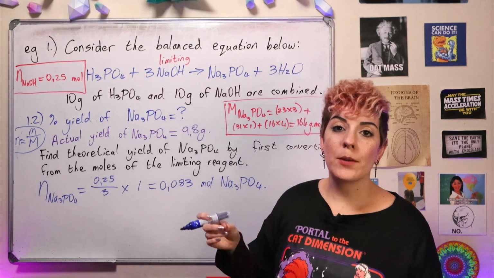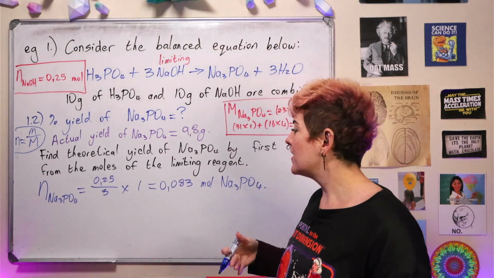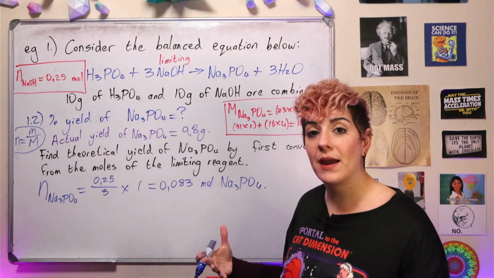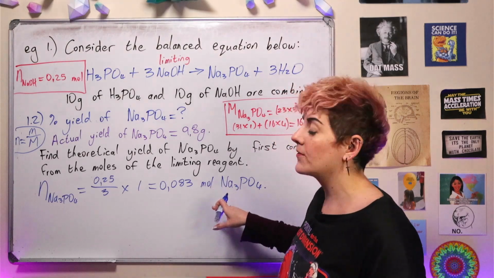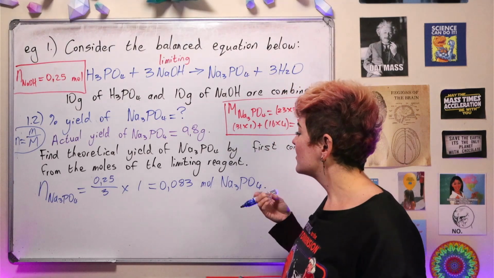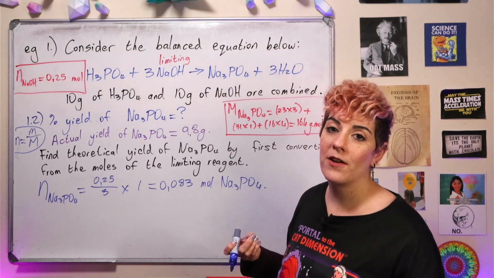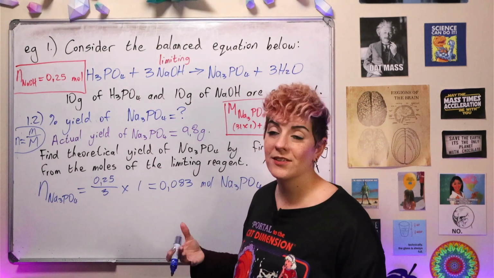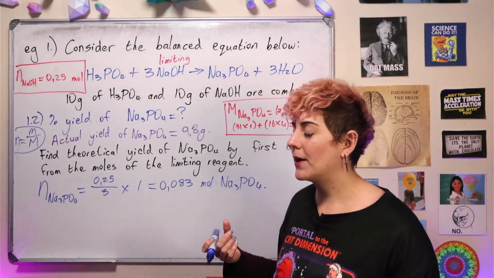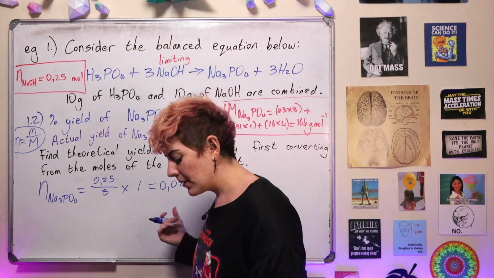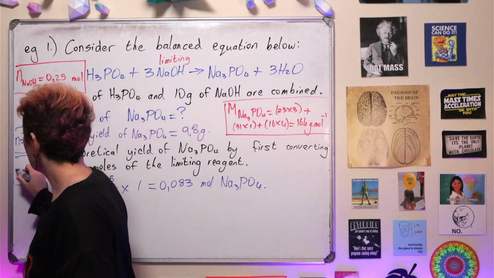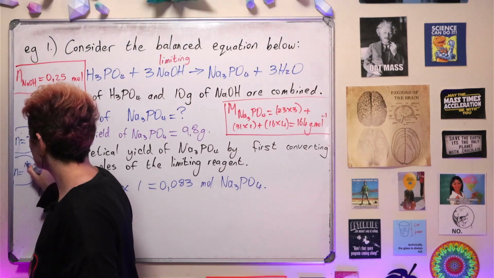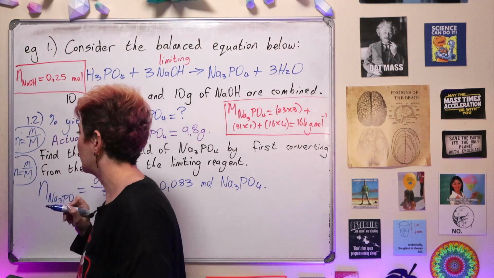Okay, now, because we were given the actual yield as a mass in grams, then to be able to work out percentage yield, we would also need the theoretical yield to be a mass in grams. So at this point, we're going to convert the moles of sodium phosphate into the mass of sodium phosphate that will be the theoretical yield in our percentage yield formula. Right, so you might remember from stoichiometry formulae that as a formula, moles is equal to mass over molecular mass.